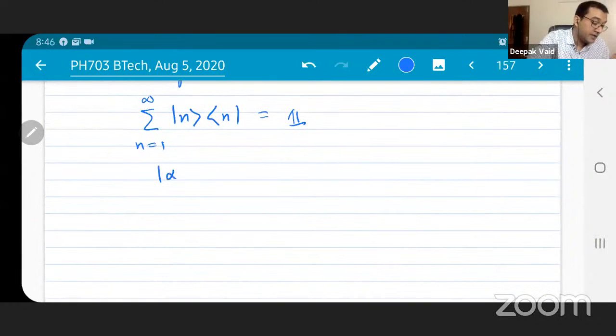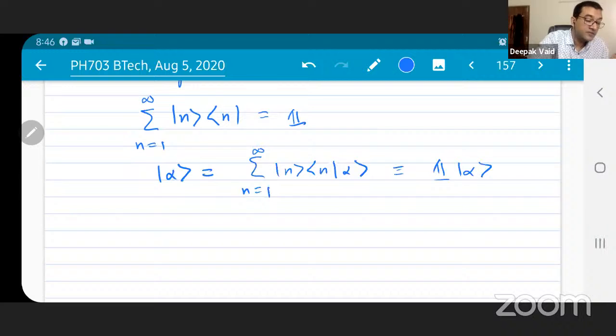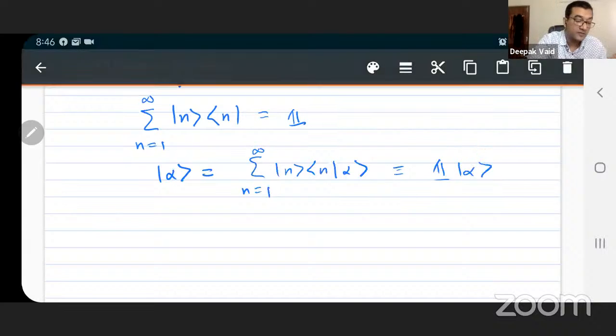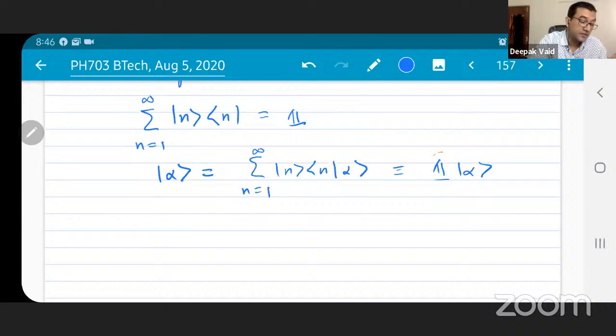So I can use this to write down, for any state, right? I can insert this condition like this. What am I doing? I'm just saying that the state is equal to the identity multiplied by the state. 1 multiplied by something gives me the same thing; in this case, the identity multiplied by the object, and that is written in this way.